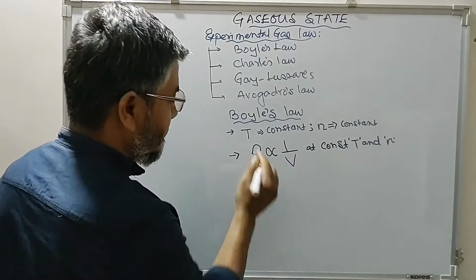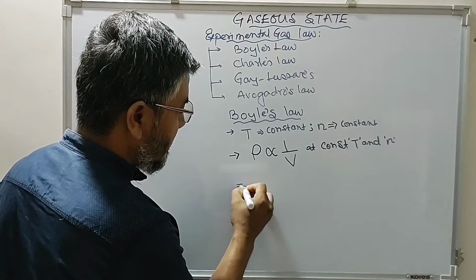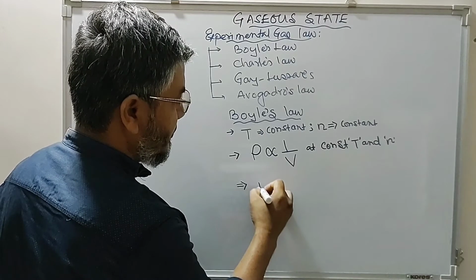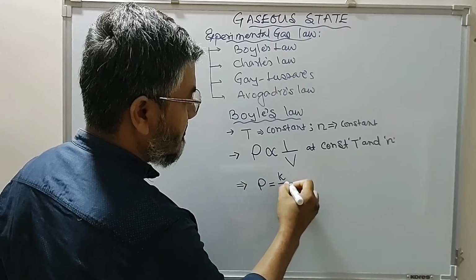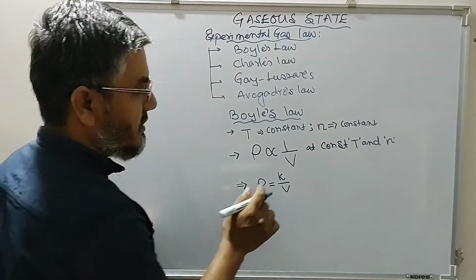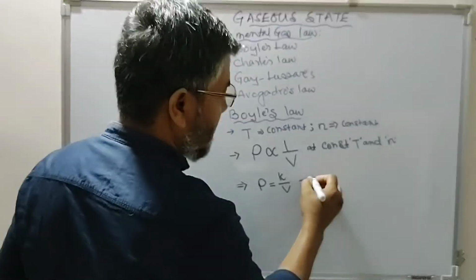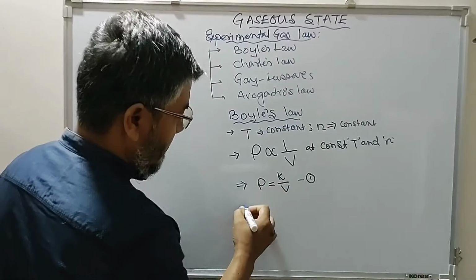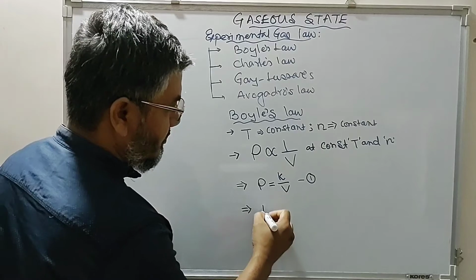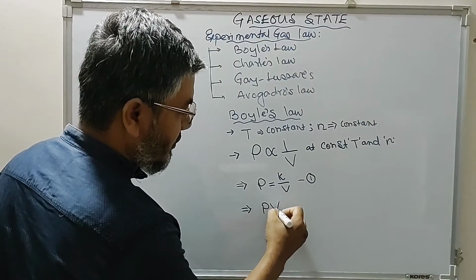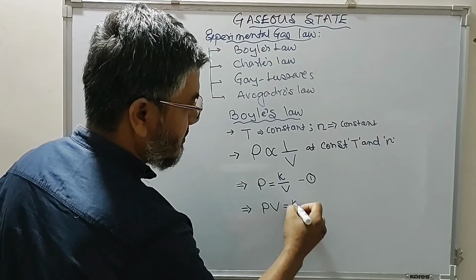So now look at this. This can also be written as pressure is equal to some constant K divided by V, where K is a constant of proportionality. So let's say this is equation 1. The same equation can also be written as pressure into volume is always constant.